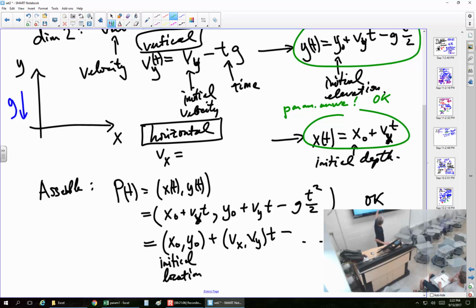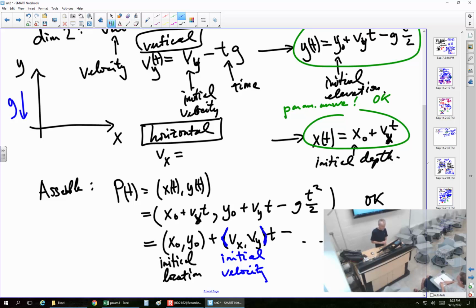Next, I combine these two terms together because they're about the velocity, horizontal and vertical. I put them together in one vector, and it needs to be emphasized that these are vectors. This is the initial velocity, multiplied by t.